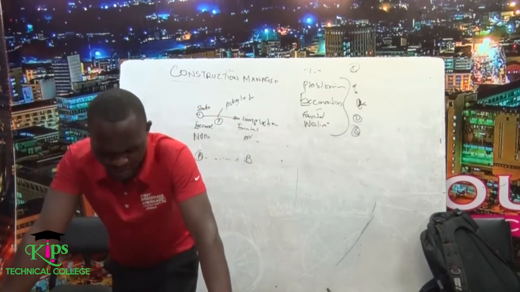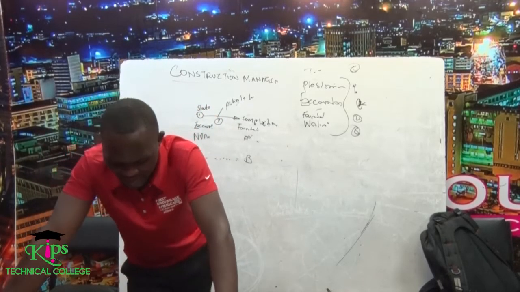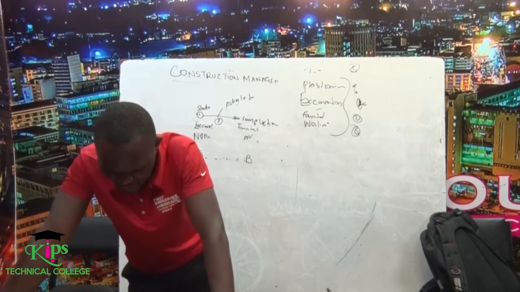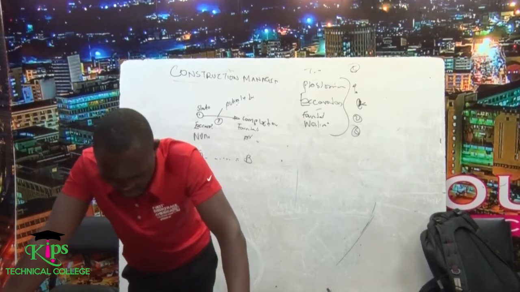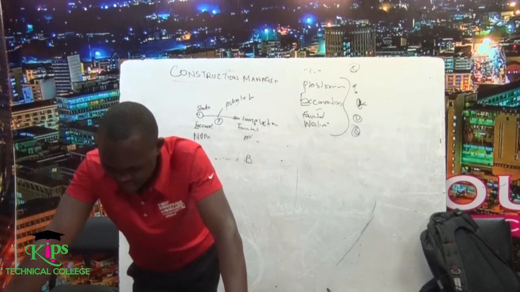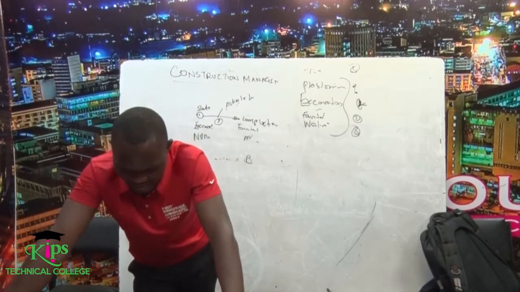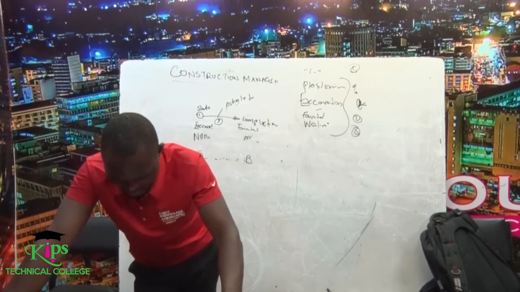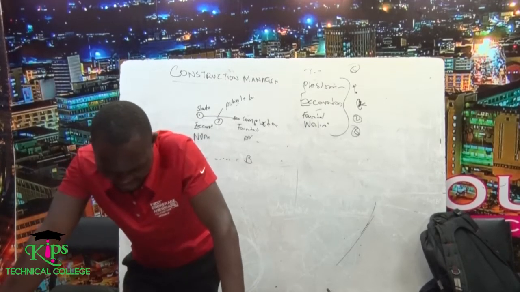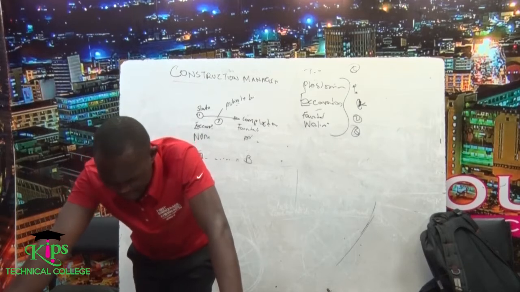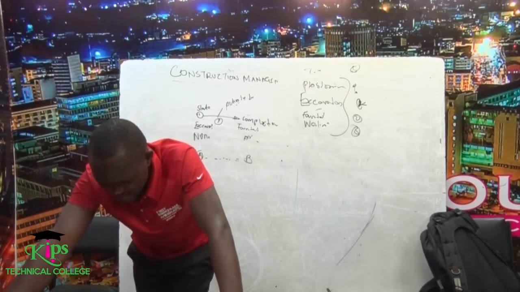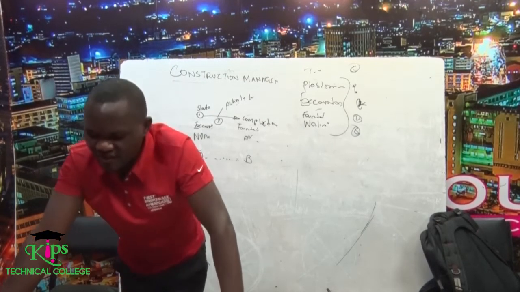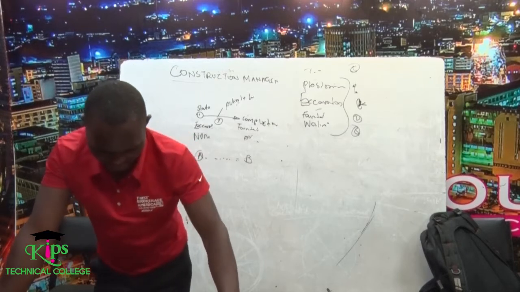Then you have the earliest start time, which is the earliest time at which an activity can be started. Then we have the earliest finish time, the earliest time that an activity can be finished.